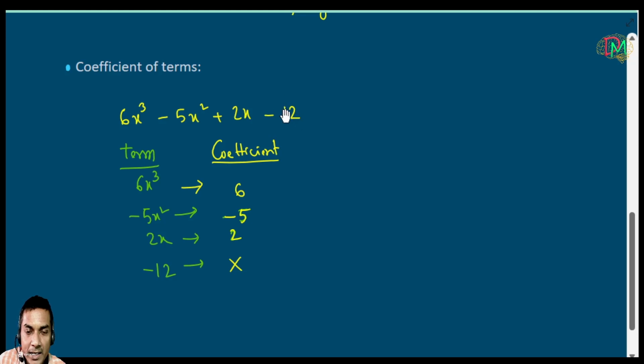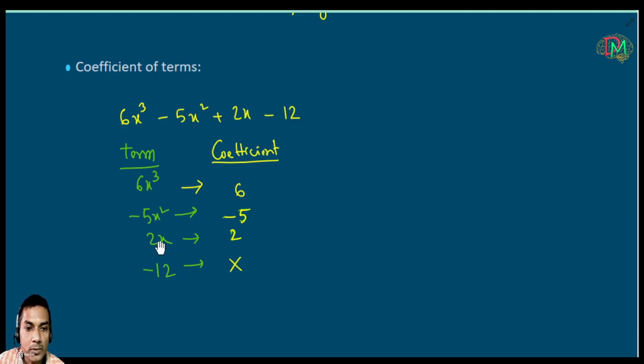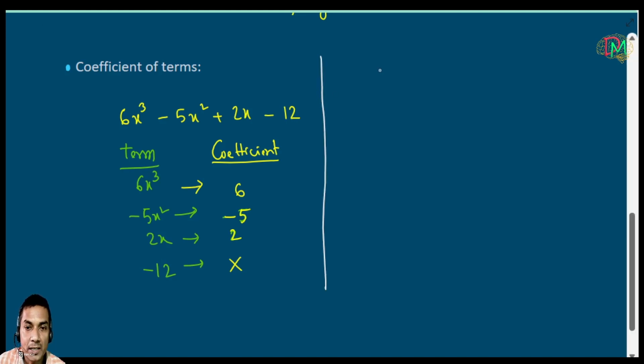Minus 12 is definitely a term, but it is the constant term, there is no variable. So what is the coefficient of the terms? The constant part with the sign is actually the coefficient of the terms. Clear?